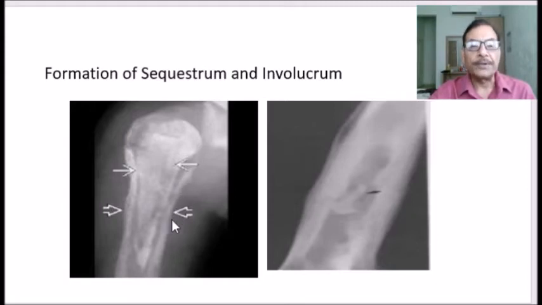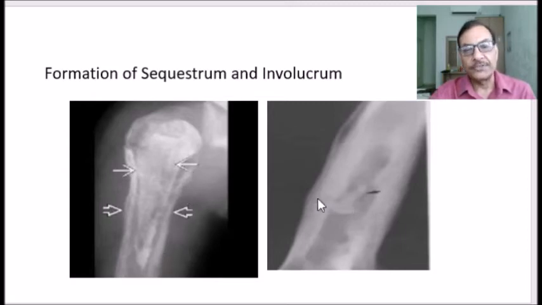And once the periosteum is elevated, it reacts by formation of new bone. This is the new bone which we are seeing on the X-ray, and this new bone is called involucrum. Inside there is a sequestrum, which is a dead bone, and outside, the new bone formation which is happening is involucrum.